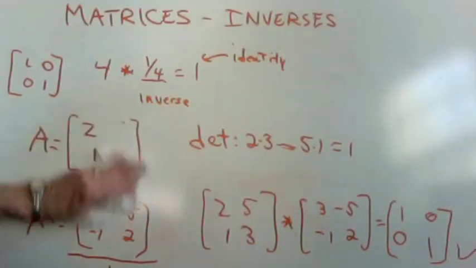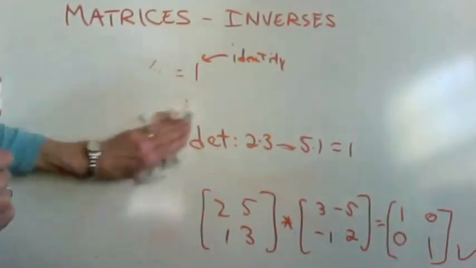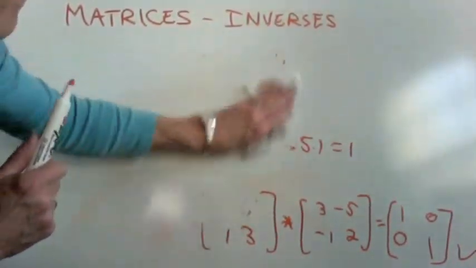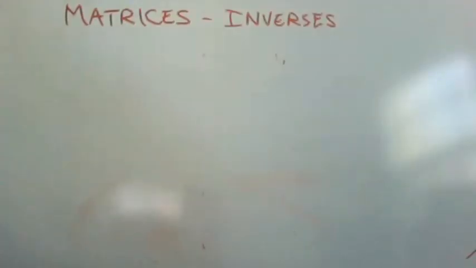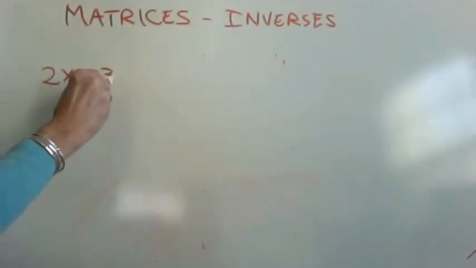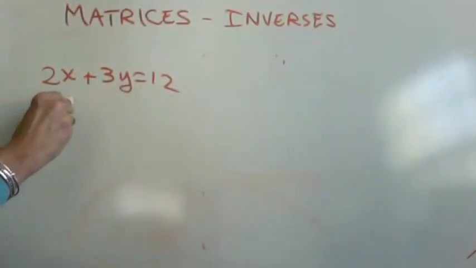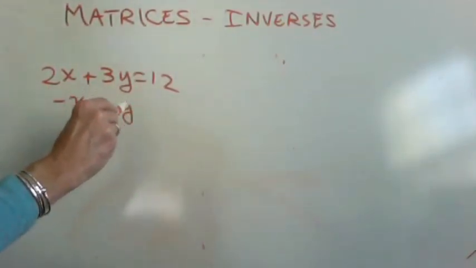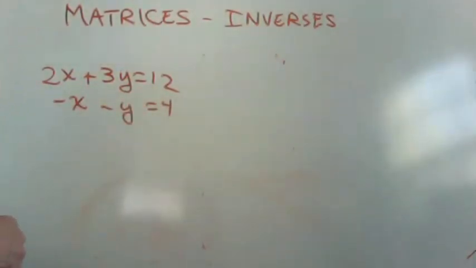So where that comes into play is that if we want to solve an equation or a system of equations, and let me give you an easy one: 2x plus 3y equal to 12 and -x minus y equal to 4. We have 3 different ways of solving this right now.